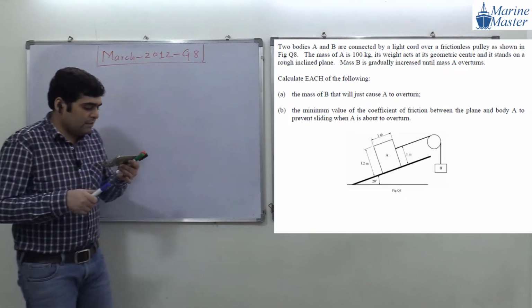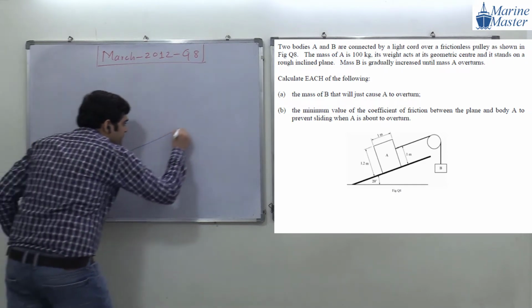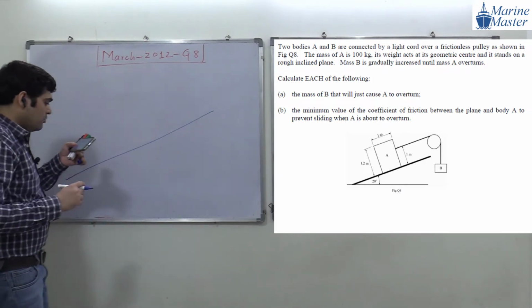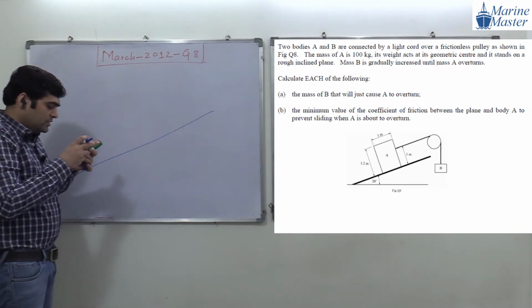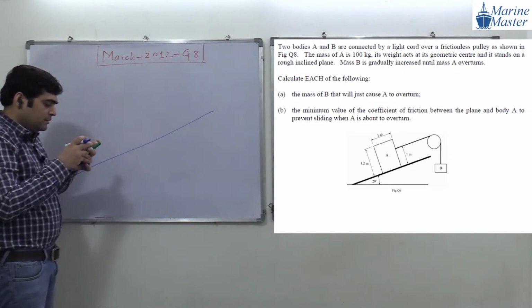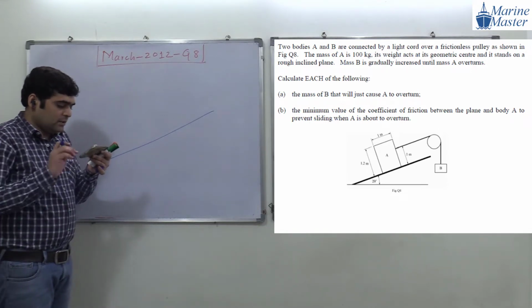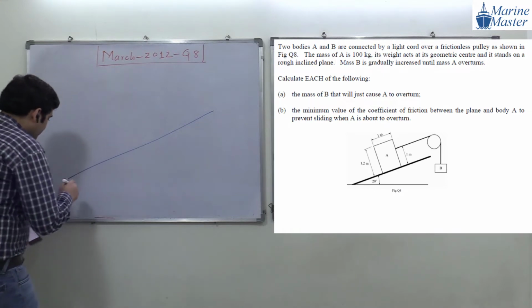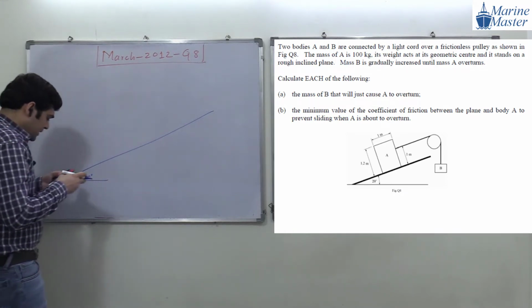So here, first of all, this is our inclined plane. How much is the angle of the inclined plane? They have given us 20 degrees. This angle is 20 degrees.